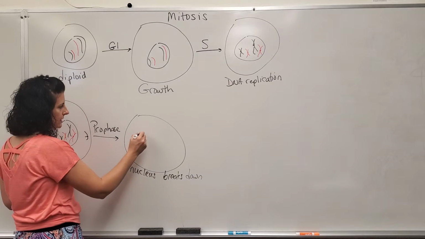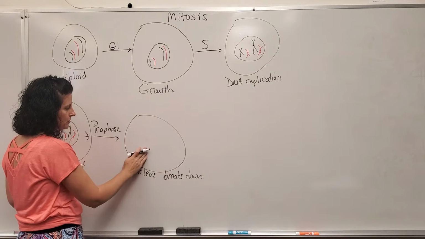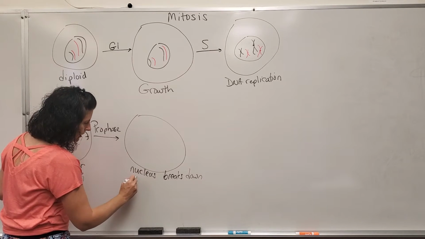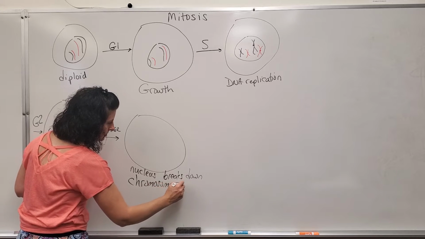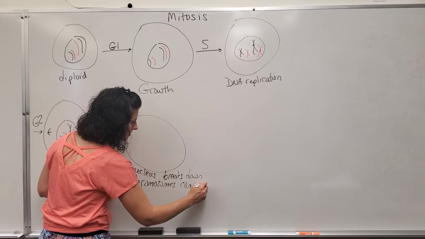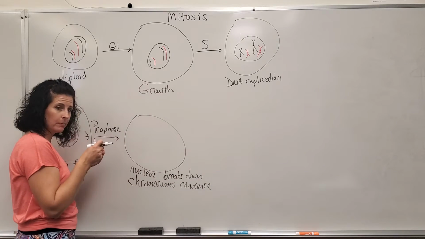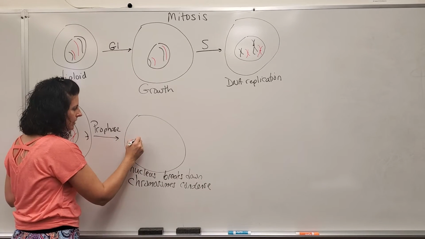Okay, so no more nucleus. That means that our chromosomes are going to be in the cell. The chromosomes condense. And that means that they're becoming shorter and thicker.